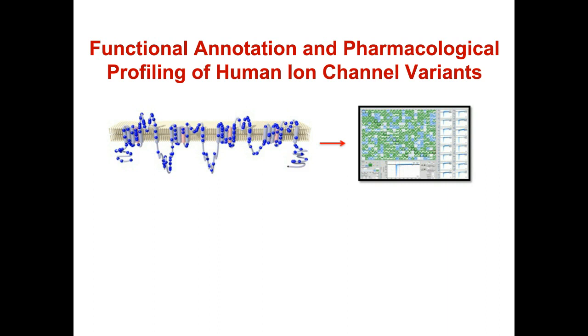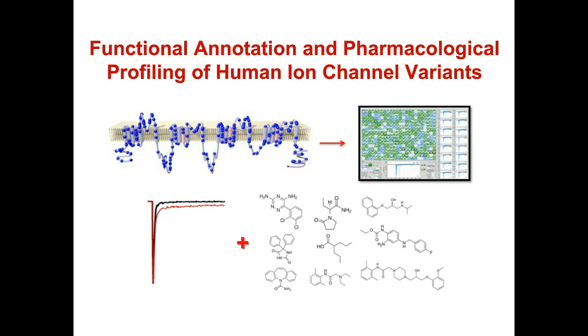But then to go beyond that at some point, as a paradigm of precision medicine, and be able to screen compounds, both approved drugs and maybe some investigational compounds, against selected variants that have particular functional abnormalities, with the goal being to create a pharmacological profile for an individual variant, and that may in some situations help identify the right drug for the right patient that has either an inherited cardiac arrhythmia or an inherited epilepsy.